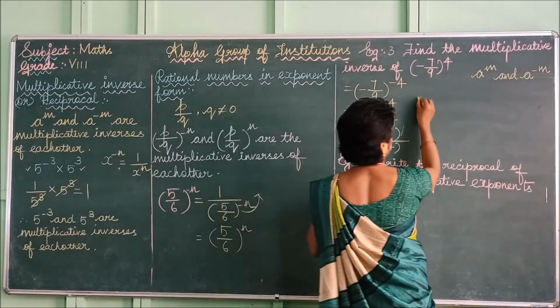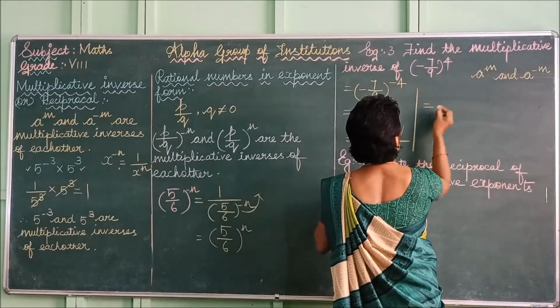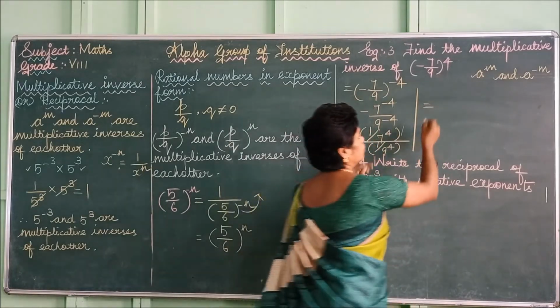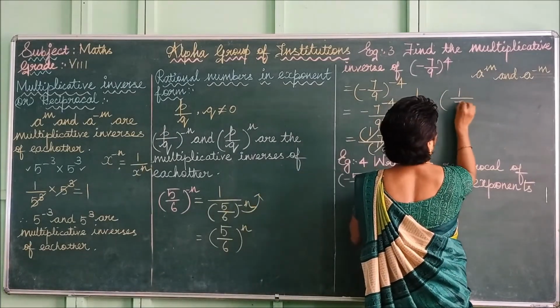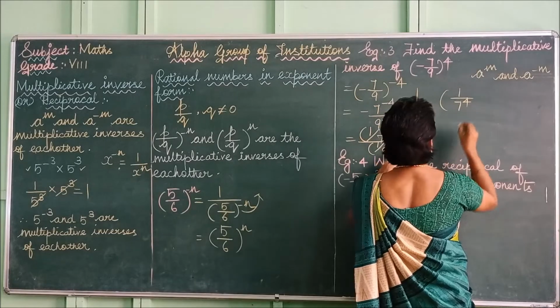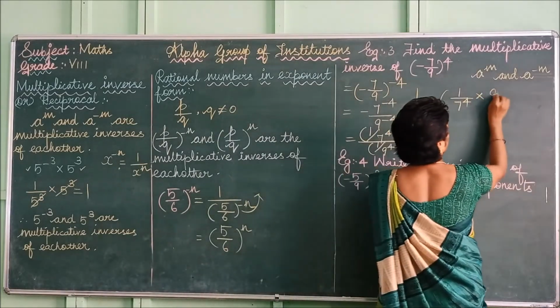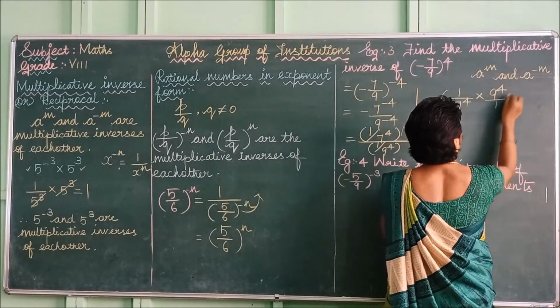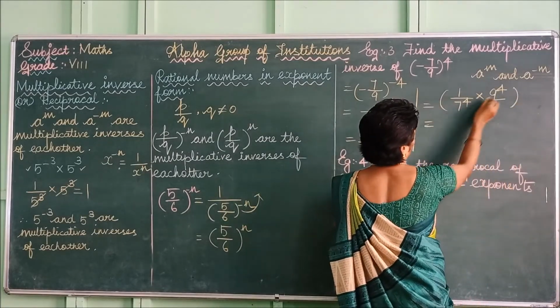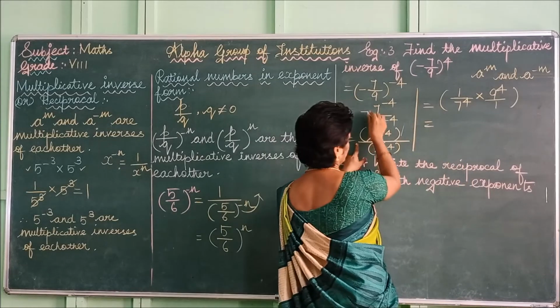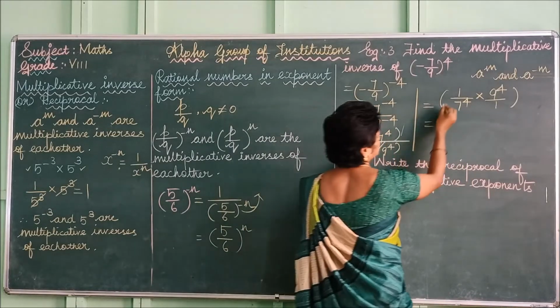So this can be rewritten as 1 divided by 7^4 into, you can change to the reciprocal, 9^4 divided by 1. You have to put the negative sign also here.